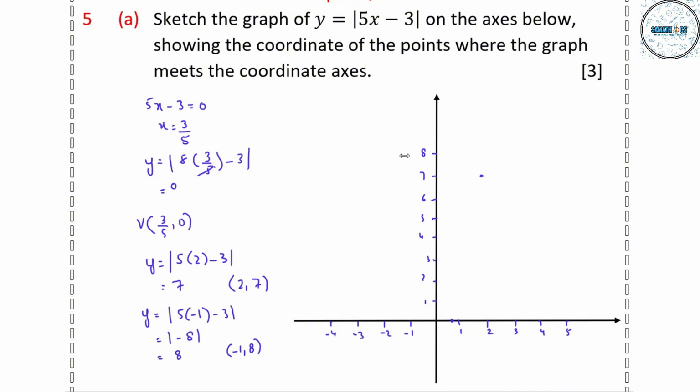And at minus 1, it is 8. Now, we can join these points. So this is the graph of y is equal to absolute of 5x minus 3.